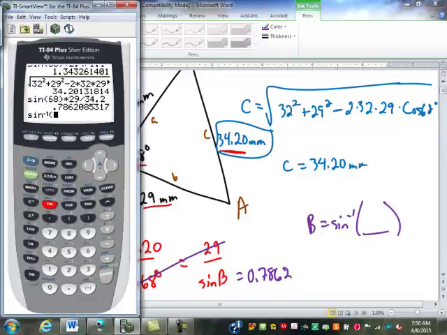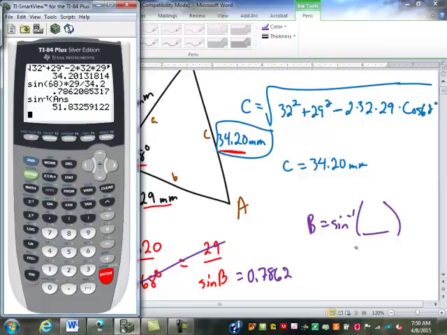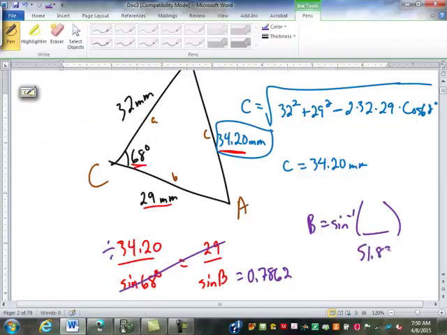So second sine, second answer, 51.83 degrees. So that's B. And then, of course, that makes A 60.17 degrees, correct?